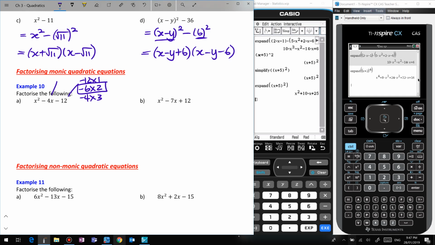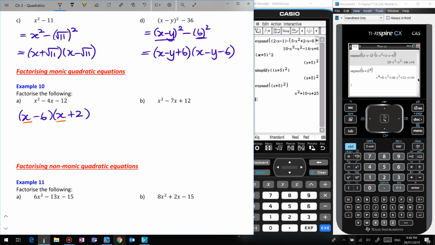So this thing factorized is x, and my two numbers are negative 6 and positive 2. Because we know that when they multiply, they give negative 12, but when we add them, we get negative 4. And we can prove it by expanding it out again.